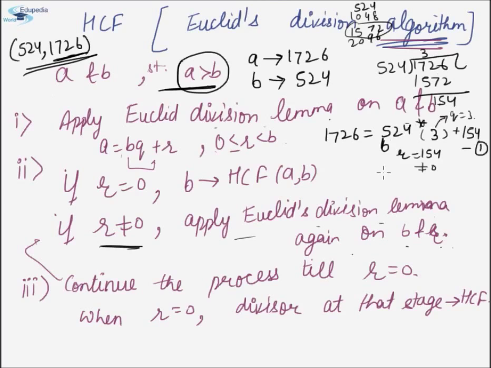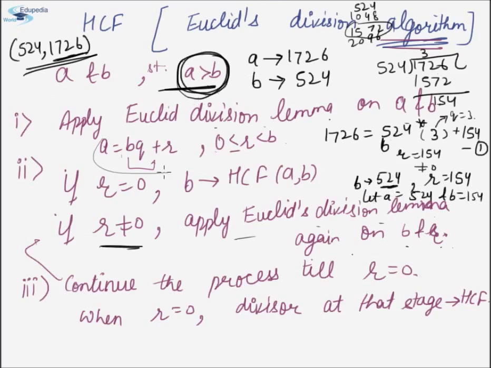Now to apply the Euclid division lemma on b, that is 524, and on r, that is 154, let us first check which one should be a and which one should be b. The greater value is 524, so let a be 524 and b be 154.